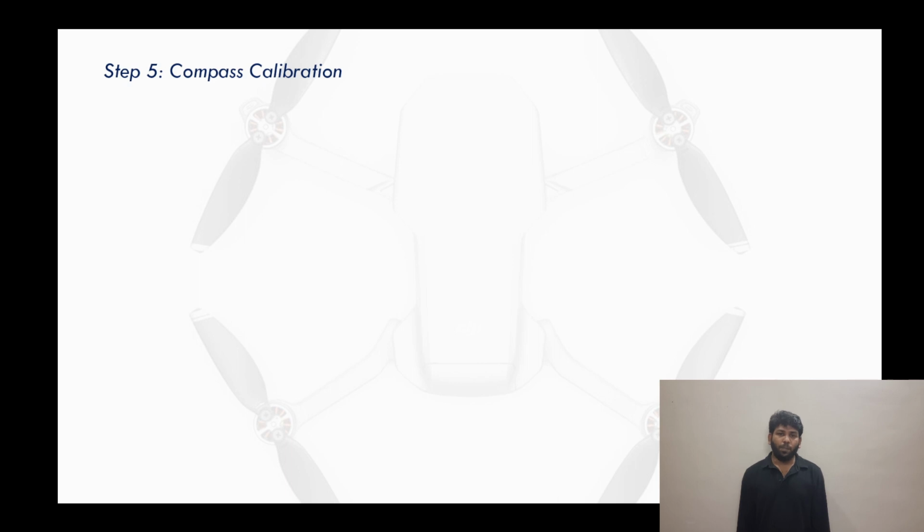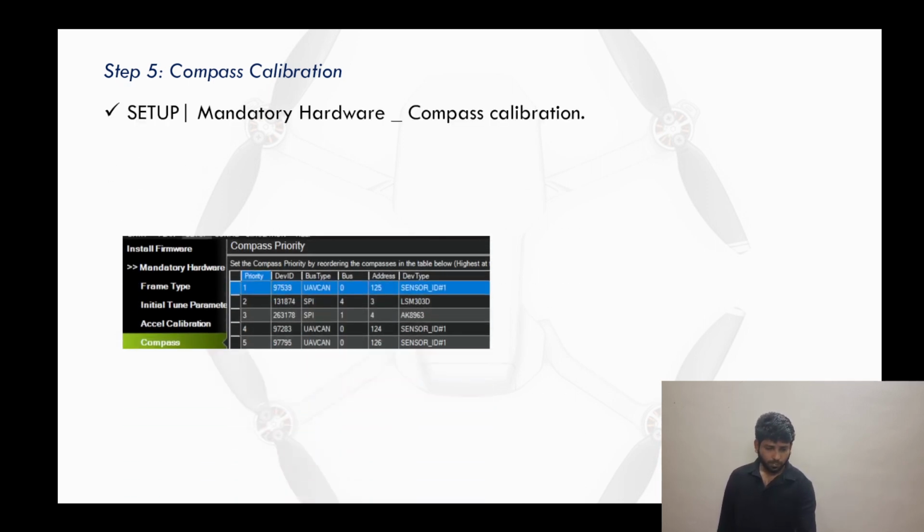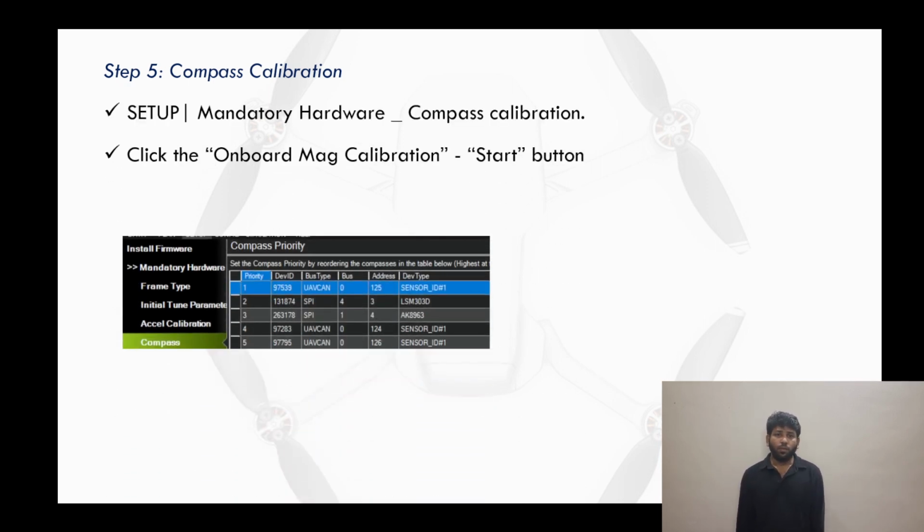Step 5. Compass Calibration. Again, go to the Setup menu in Mission Planner and navigate to Mandatory Hardware. Then select Compass Calibration. Click the onboard magnetometer calibration and then press the start button to begin the calibration process.